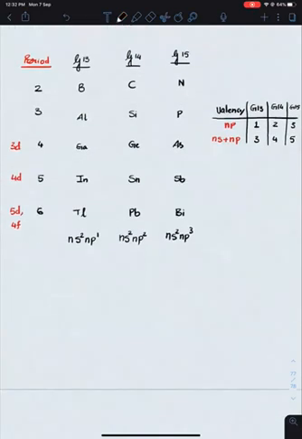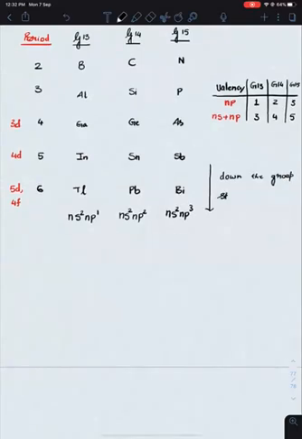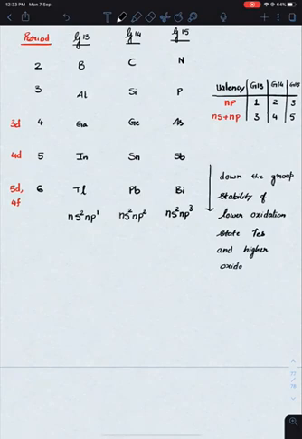According to inert pair effect, होता क्या है? If you go down the group, stability of lower oxidation state increases and higher oxidation states decrease. मतलब क्या है?